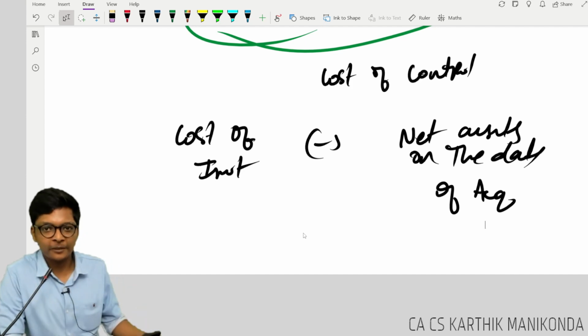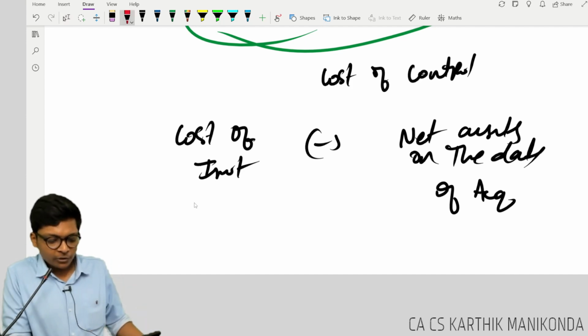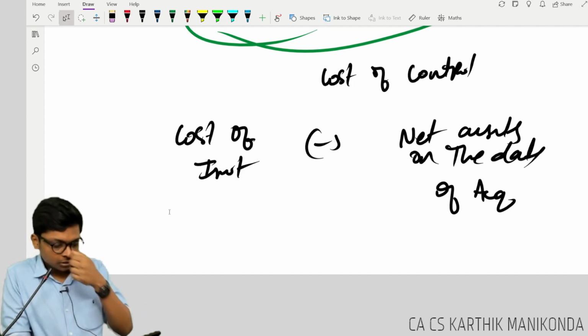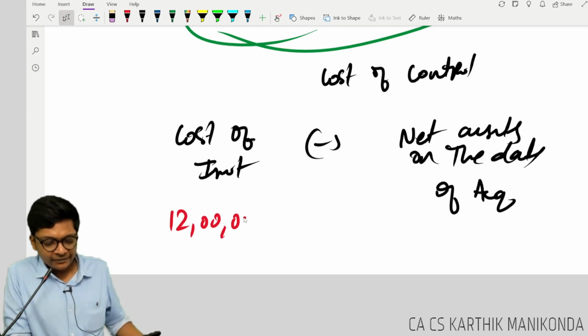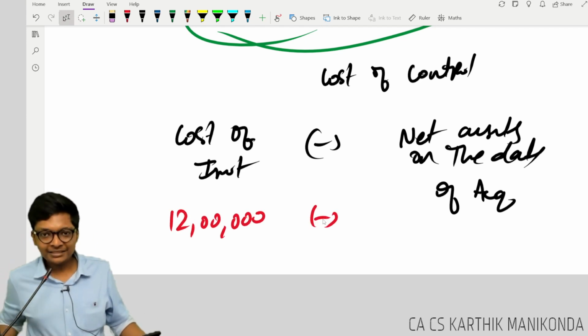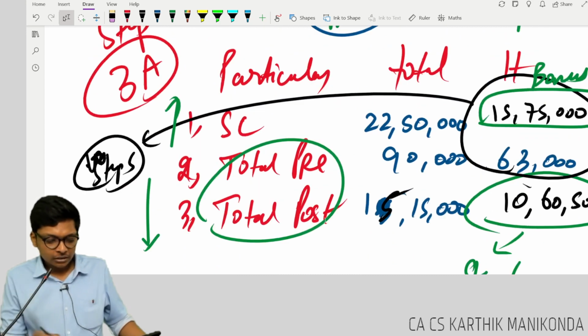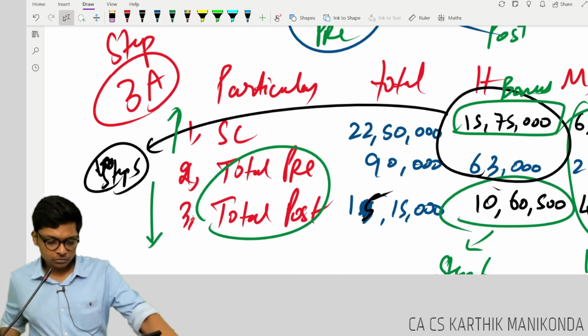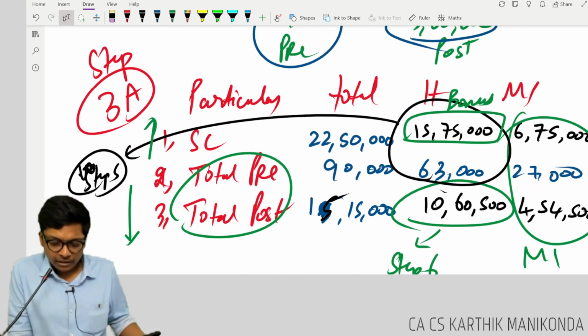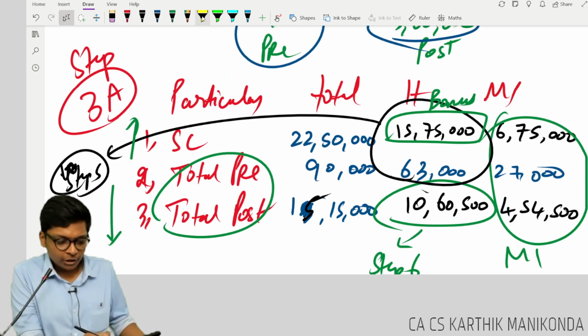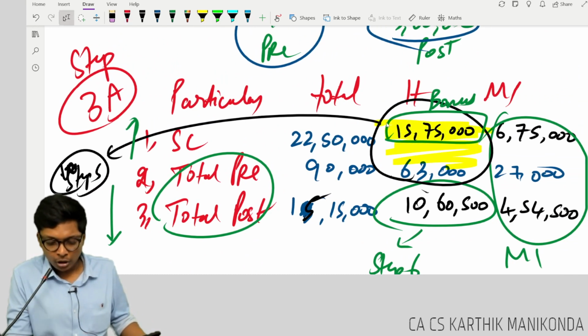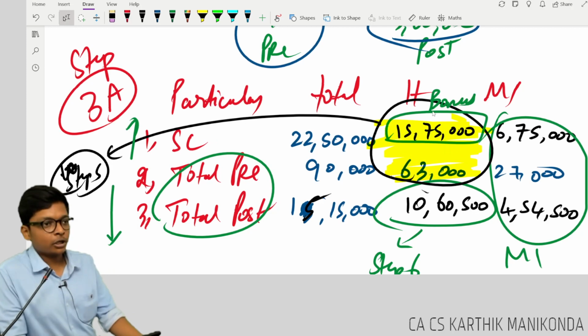That's why we're using share capital plus reserves. How much are we getting as cost of investment, guys? 12 lakhs. No dividend in this question. Minus, can I take this value as in all sums? That's what we're doing in all sums.